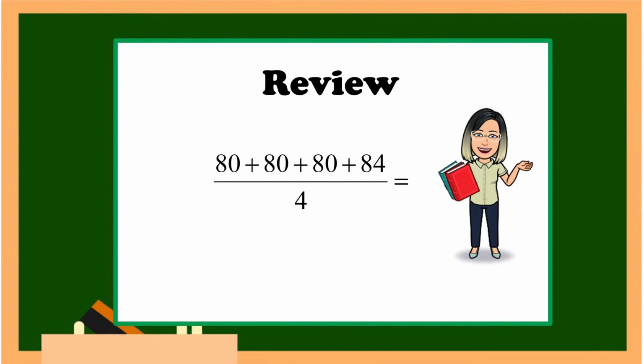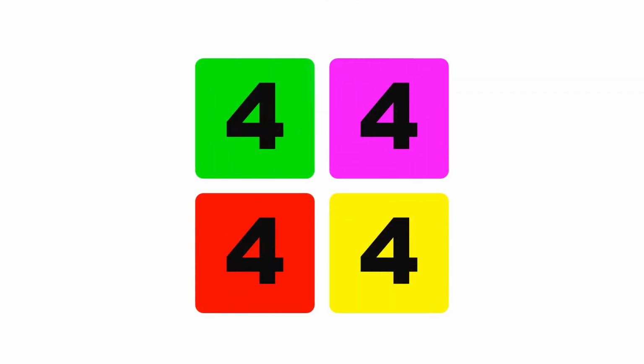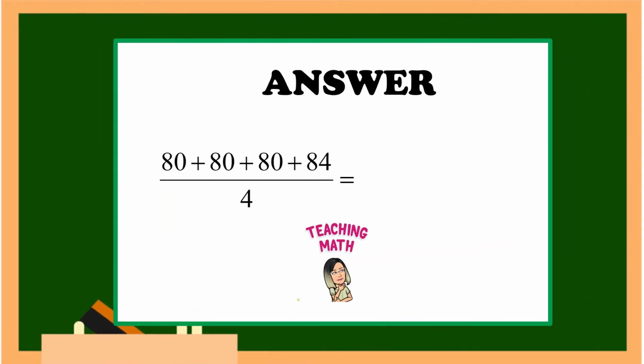What is 80 plus 80 plus 80 plus 84 divided by 4? The answer is 81.